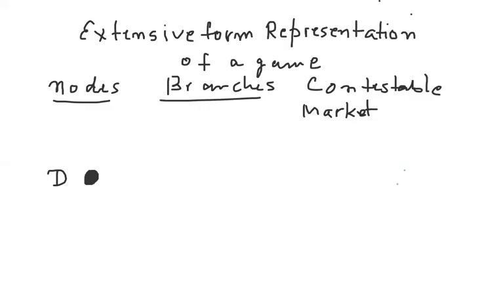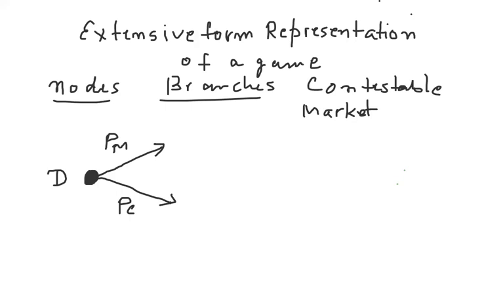Delta can choose a monopoly fare, the price that a monopoly firm would charge, or it could charge a competitive fare, a fare that would prevail when there's perfect competition. So think of high or low price. Delta will announce its price. These are the two strategies, or actions, that Delta can take at its initial node.